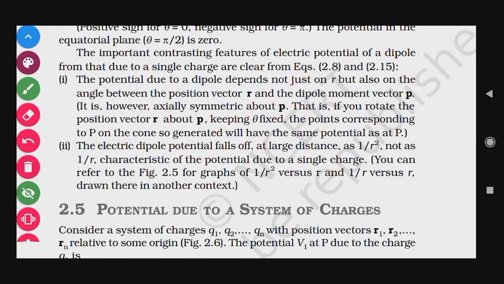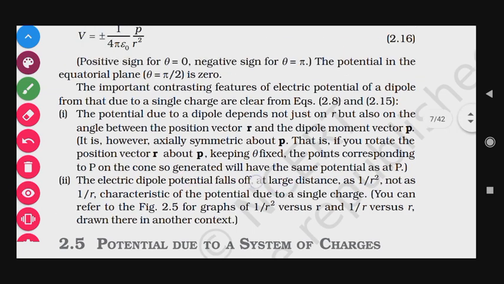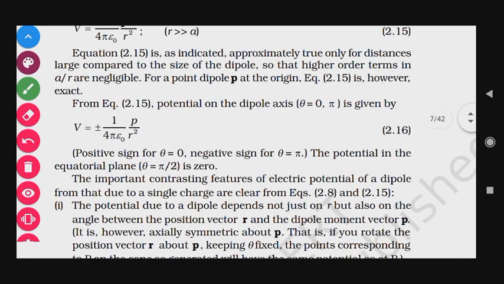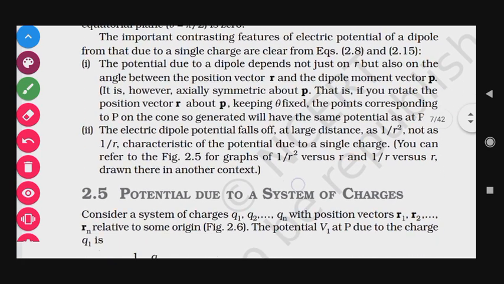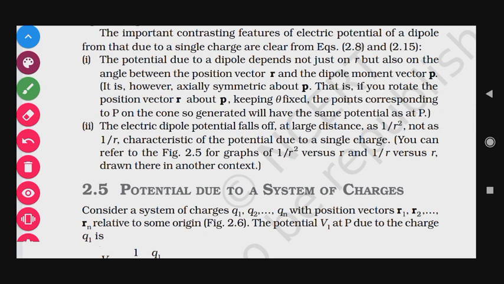Now the electric potential of a dipole falls off at large distances as 1 upon R square, not as 1 upon R. For a point charge it was 1 upon 4 pi epsilon naught q by R, but for a dipole it is 1 upon R square. So you can see the potential decreases sharply for a dipole.